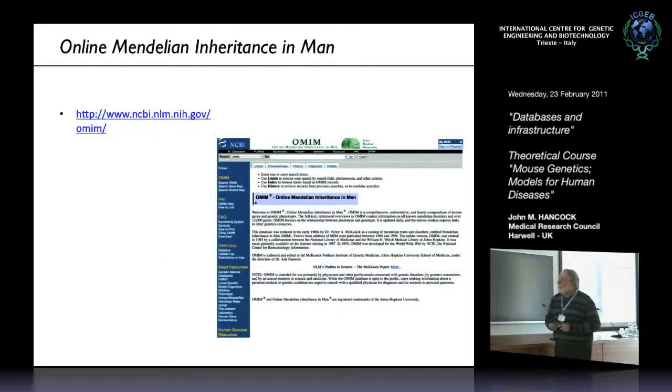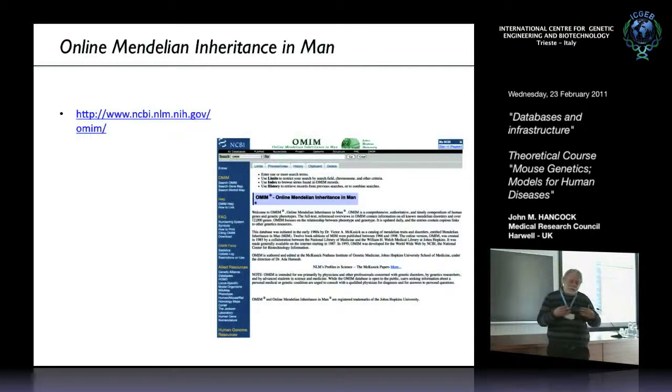So OMIM is somewhere between PubMed and a real database. It's a collection of descriptions of disease states that are associated with single genes. So these are Mendelian disorders only, not QTLs or multi-gene disorders.